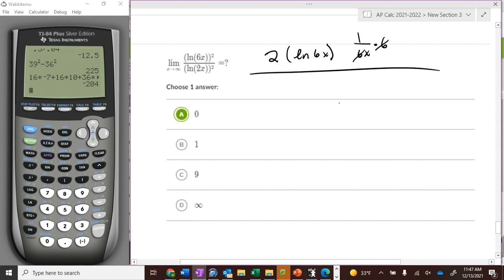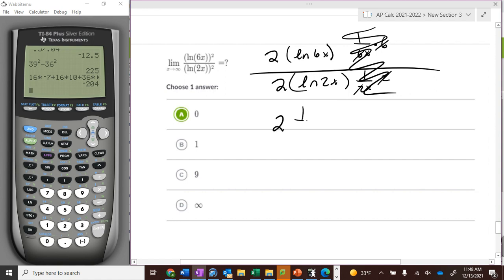And the 6's cancel, so it's 1 over x. On the bottom, 2 times the ln of 2x times 1 over 2x times 2, and the 2's cancel. What happens with our 1 over x's? They cancel. But still, we get infinity over infinity, so we got to take the derivative again.